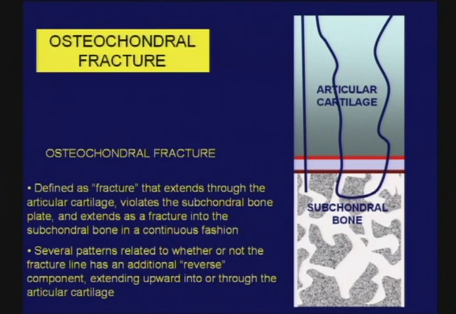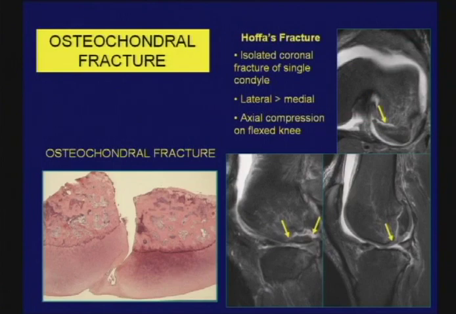An osteochondral fracture is defined as a fracture that extends through the articular cartilage, violates the subchondral bone plate, and extends as a fracture into the subchondral bone in a continuous fashion. Several patterns exist, related to whether or not this fracture later exits the articular cartilage with a reverse pattern. This is an osteochondral fracture.